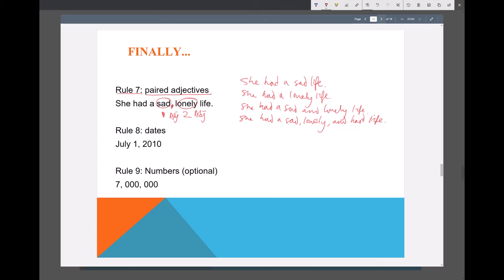Okay, number 8, rule 8. You use commas for dates. Here you have July, the month, the day, comma, and then the year.